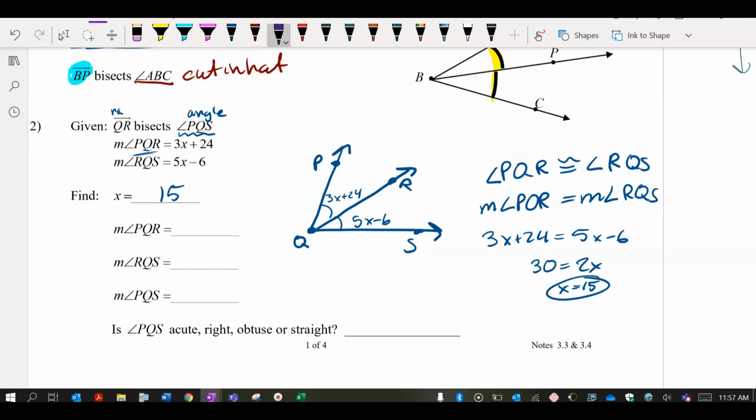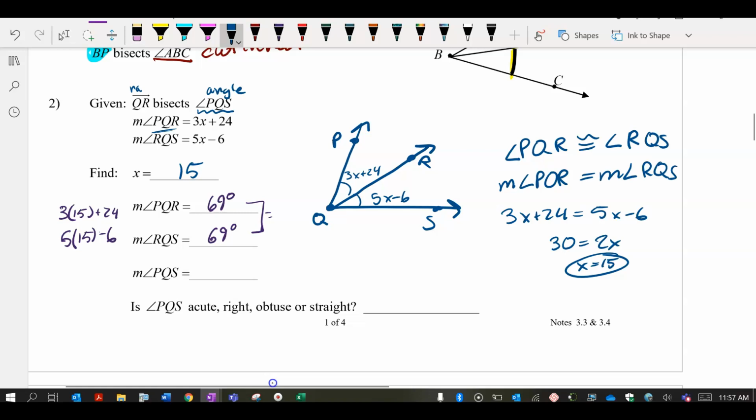So PQR is 3 times 15 plus 24, which when we do that, we get 69 degrees. Notice I put the little degree symbol above. Over here, RQS is 5 times 15 minus 6. Again, I want you to notice we get 69 again. So here, these two are equal to each other. I did not have to plug it into both of them. I could have just plugged it into one of them.